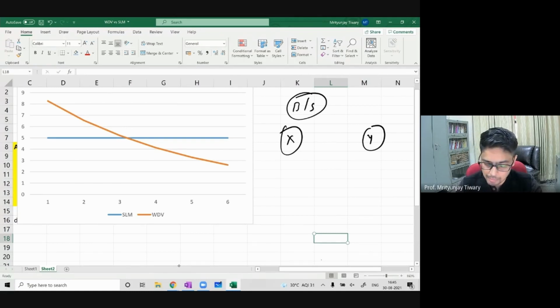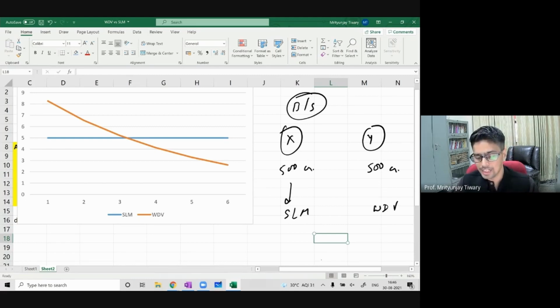Company X is reporting that they have 500 crore of assets, and company Y is also reporting 500 crore of assets. And then you got to know that company X is using SLM and company Y is using WDV. Let us say as a lending manager, the only difference is this one. Now, which company would you say is better and which is worse? Can you say something about this?